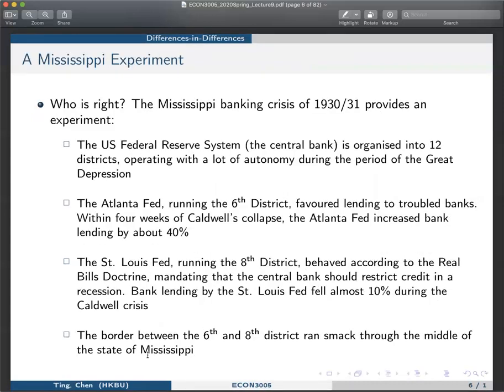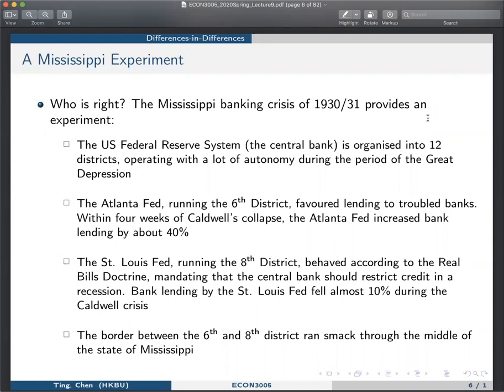Actually, the Mississippi banking crisis in the 1930s, which I introduced at the beginning of the course, provides a very good experiment to answer this question. Let me introduce a bit more about the setting of this experiment.